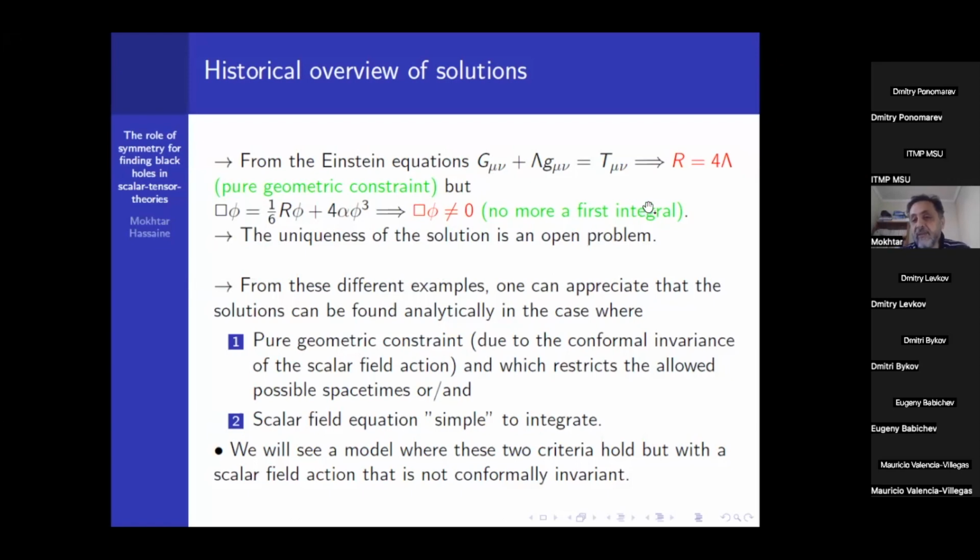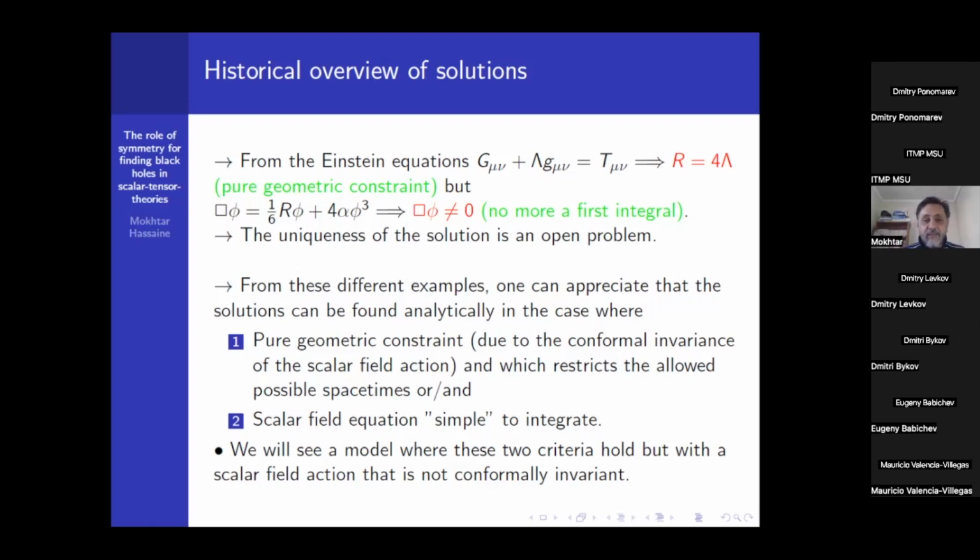If I have R equal 4 lambda, this is going to restrict the form of the metric. Also, that is why I put "or": when the scalar field equation is simple, between quotes, to integrate, like in the massless case where we have box phi equals 0, this provides us a first integral that was very useful in order to derive the solution.